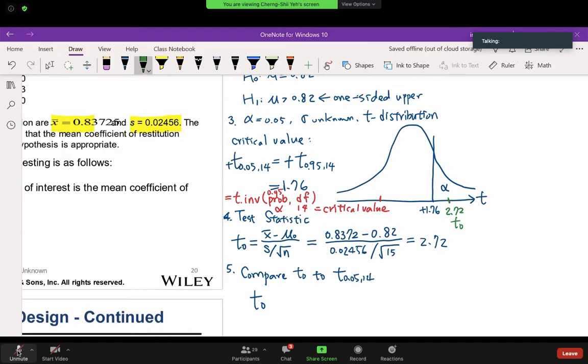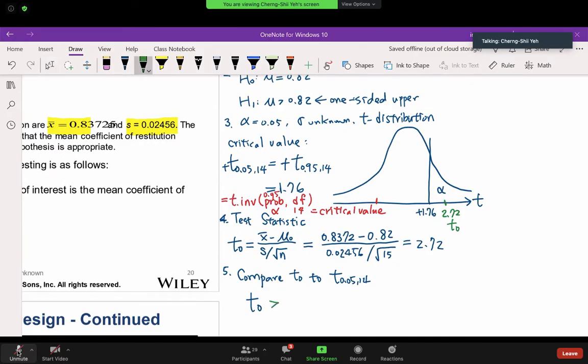This is my test statistic. My test statistic is outside my confidence interval. As a result, we reject the null hypothesis and conclude the alternative hypothesis.